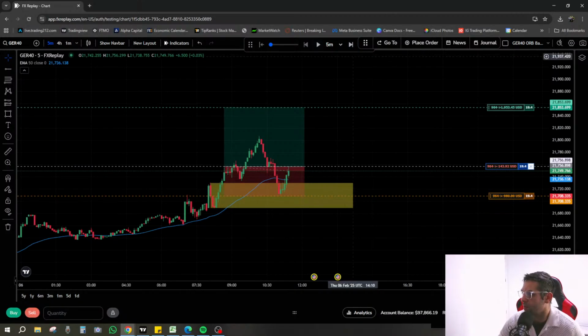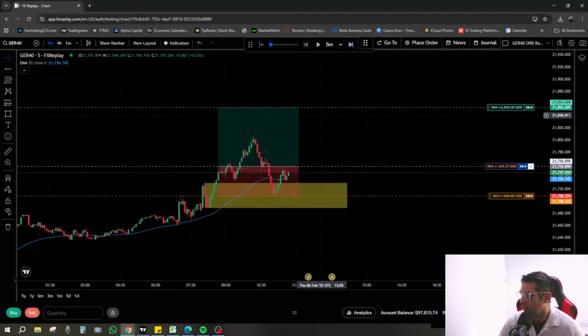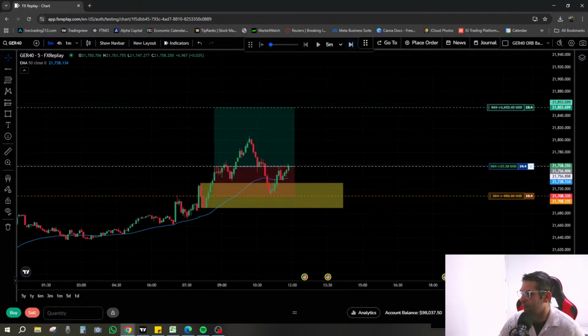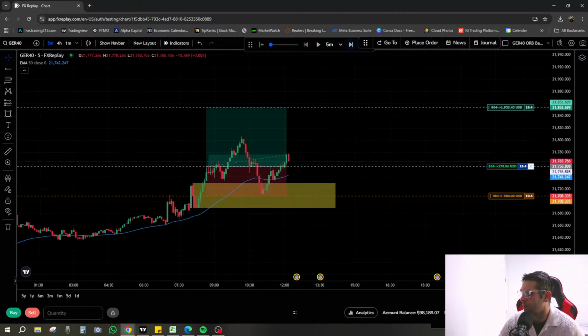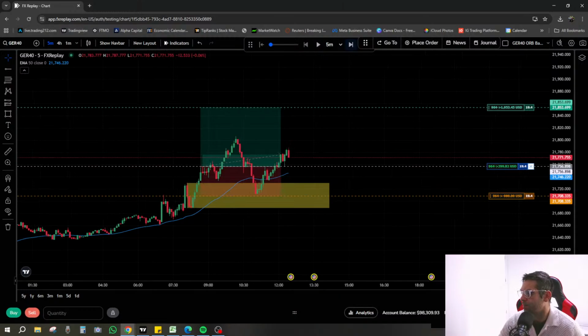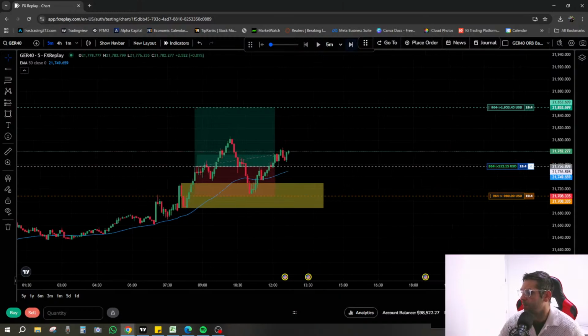So that's quite interesting. It tested the mid range and it didn't tag us out yet, and went back into profit, so that's quite lucky.